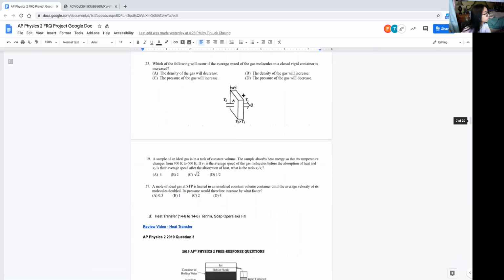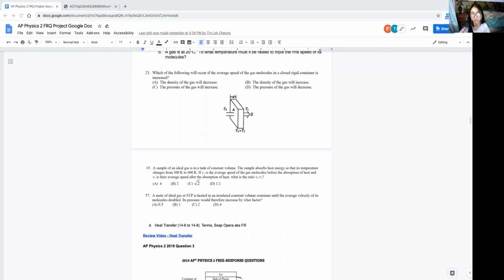The final T is 9 times the starting temperature, 20 Celsius converted to Kelvin, and that gives us 2,637 Kelvin. You can keep it in Kelvin or convert it to Celsius. I converted it to keep continuity, and I got 2,364 degrees Celsius. Now we're going to move on to the multiple choice questions.